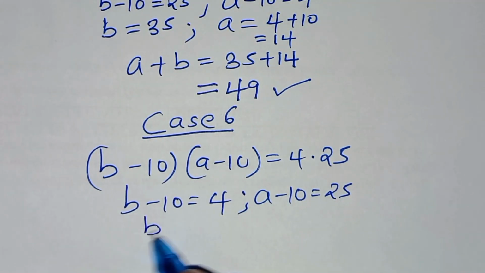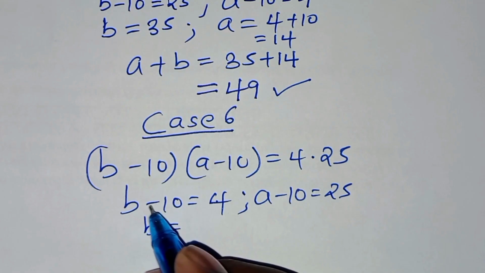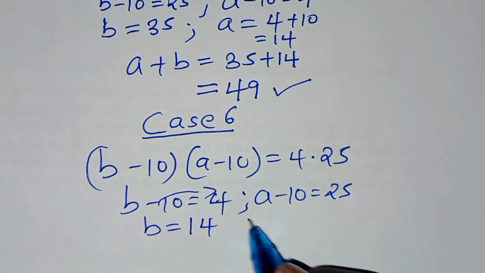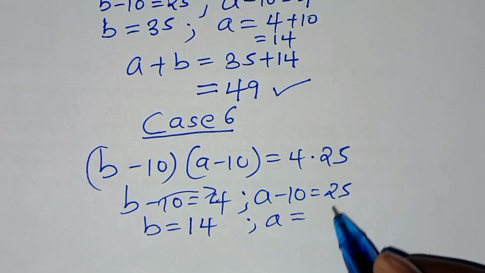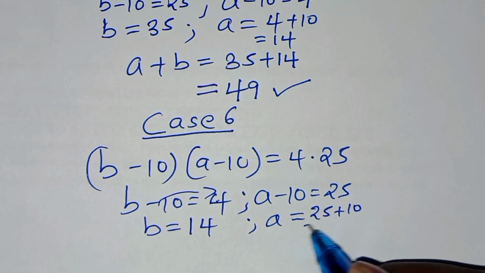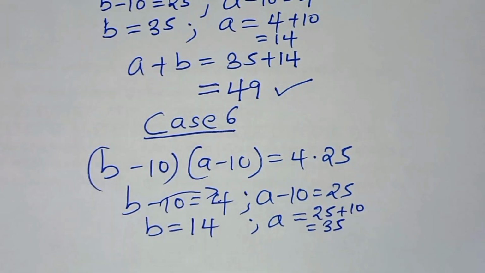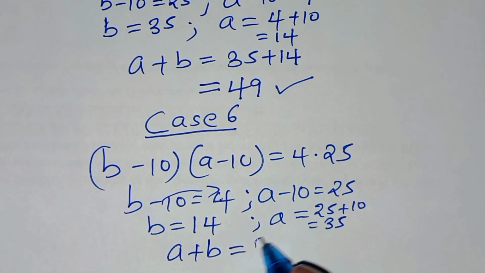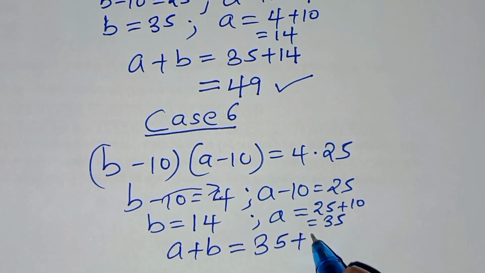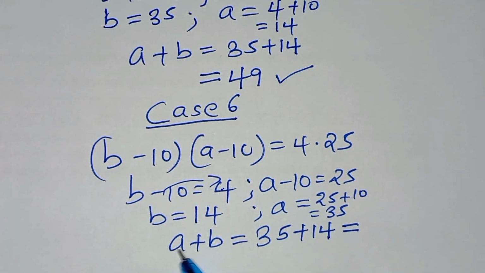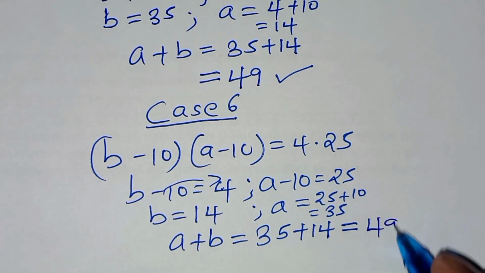So in this case, b will be equal to 4, taking negative 10 to the right hand side, so 4 plus 10, that is 14. And here a will be equal to 25 plus 10, which is equal to 35. So a plus b is equal to 35 plus 14, which is equal to 49.